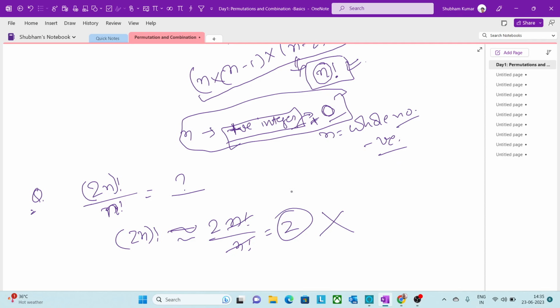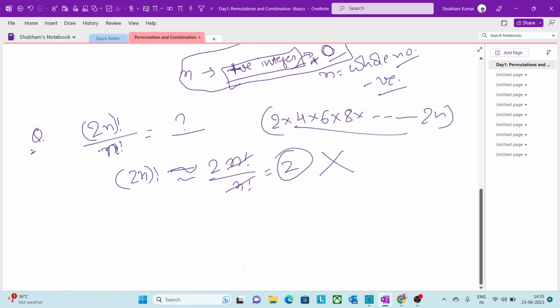Okay, 2n factorial would mean a series like 2 into 4 into 6 into 8. So when you put n is equal to 1, it's 2, n is equal to 2, it's 4, n is equal to 3, it's 6, and so on and so forth. So the same expression we would like to solve like this.